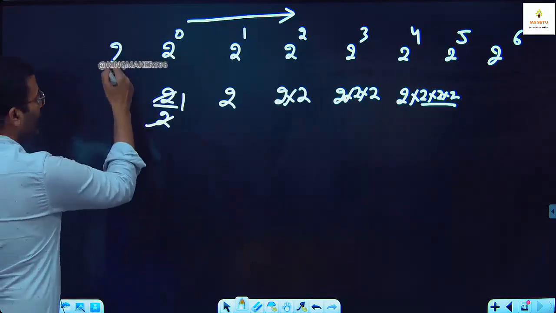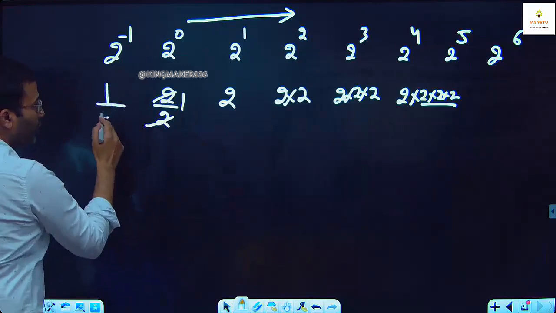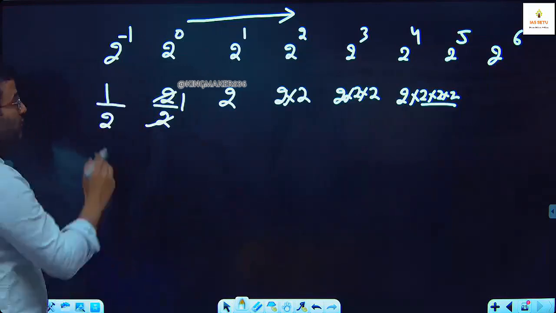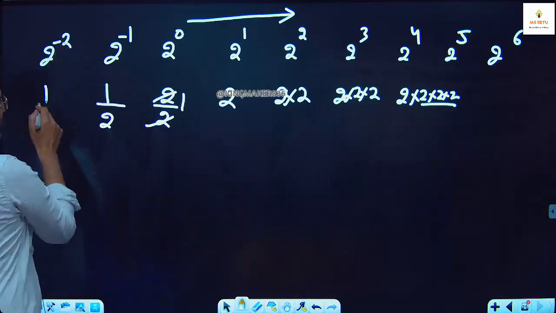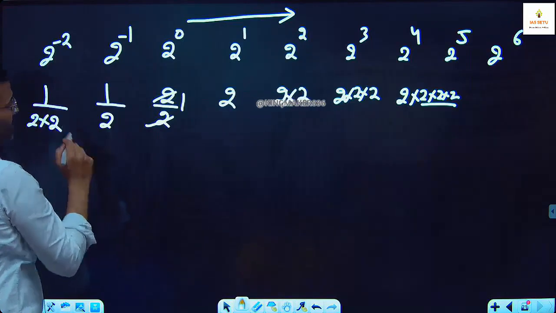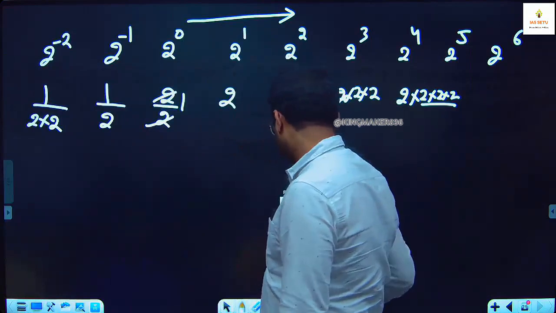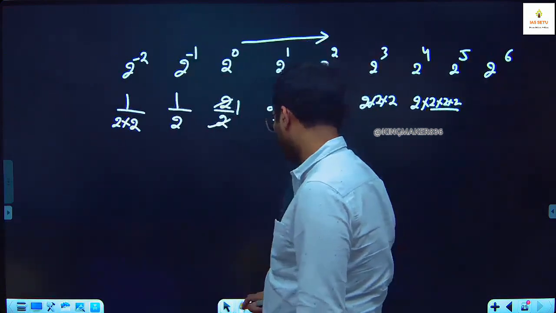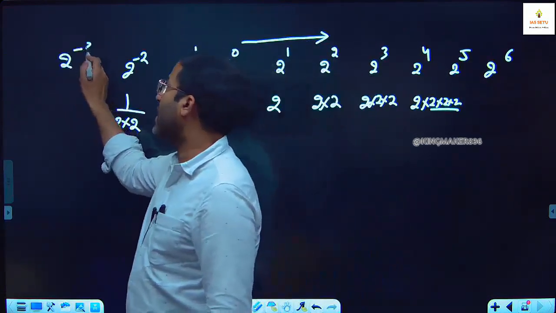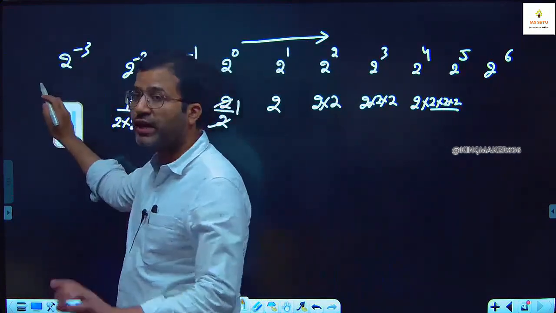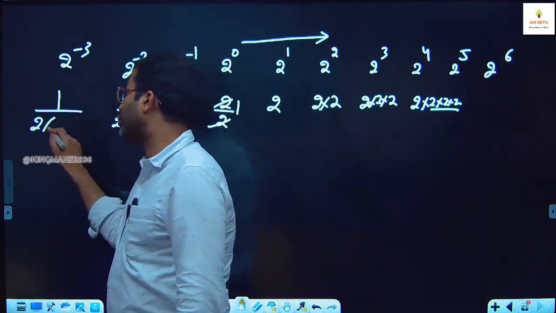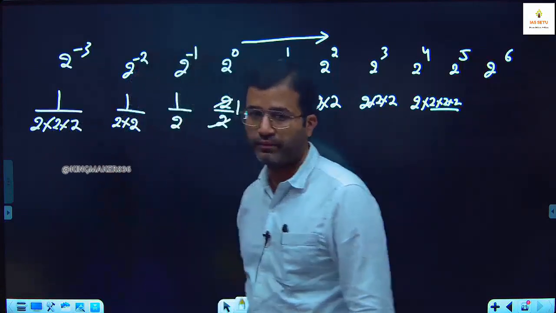But if you move to the left side, in the denominator you will have 1 more 2. रुको तो सही, 2^(-3) is not negative, it is 1 upon 2 into 2 into 2.